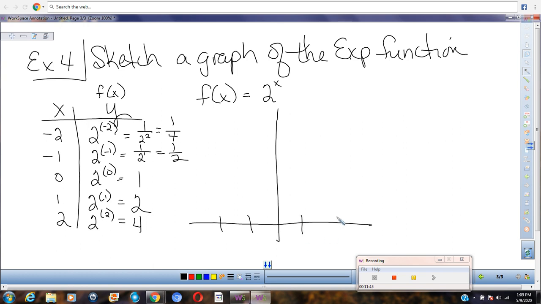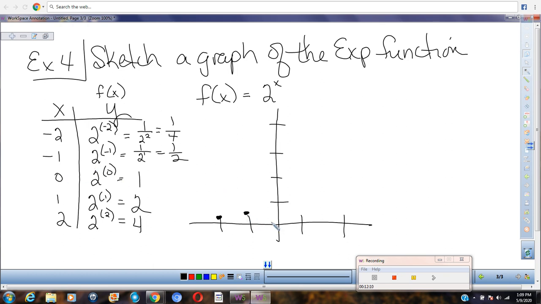Remember that we want our exponential function to approach the x-axis, but never ever cross it, right? So in the first one, we have the point -2, 1/4. So -2 and up 1/4. We have -1, 1/2, up 1/2.